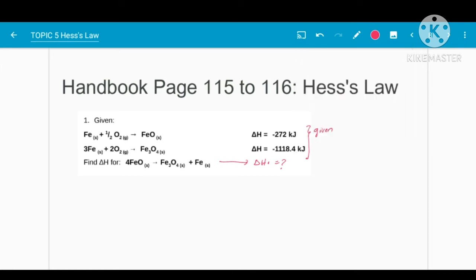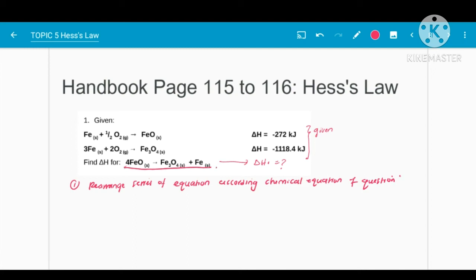First step, rearrange the series of equations according to the chemical equation of the question.